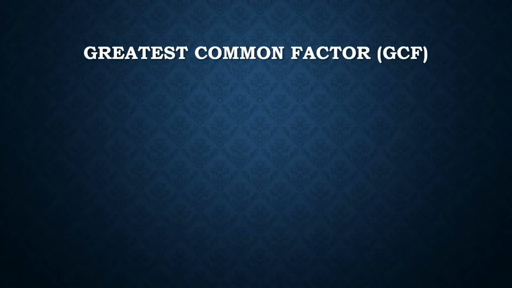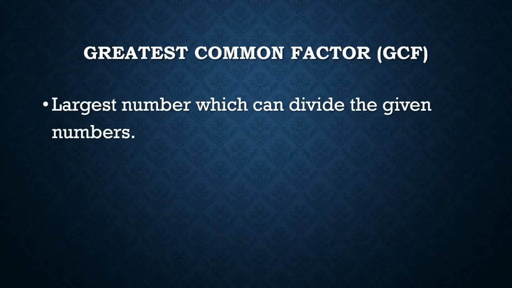And the first concept that we are going to review is on how we are going to get the greatest common factor, or what we call the GCF. Okay, so when we say greatest common factor, we are referring to the largest number which can divide the given numbers. Okay, so siya yung pinakamalaking number na pwedeng makapag-divide sa given numbers.